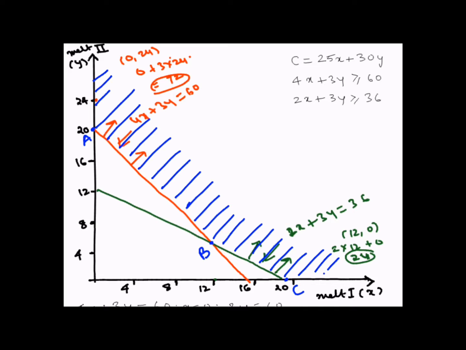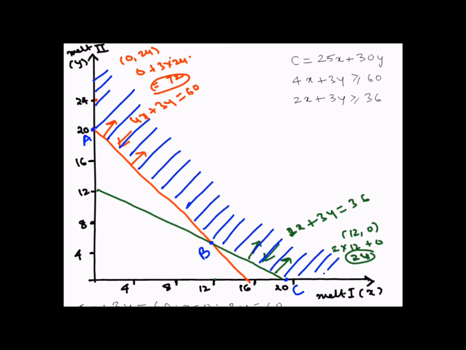Now after finding the feasible solution region, the next step would be to identify the optimal solution. To do this, we have two methods. The first method is to draw a series of objective function lines. So the objective function that we have is c is equal to 25x plus 30y.